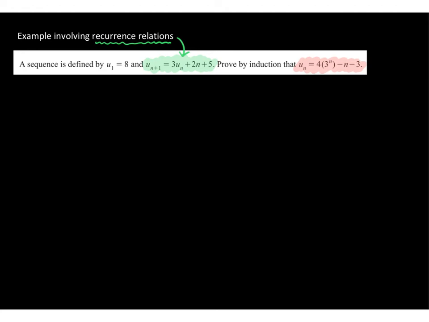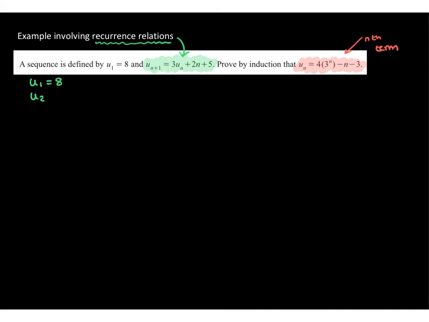Now that's a formula that allows us to algebraically define the nth term, which allows us to calculate any term in a sequence. Before we begin, I think we need to explore how this sequence is actually generated using the recurrence relation first of all. We're given that u1 is equal to 8.